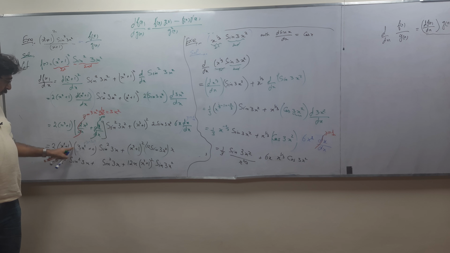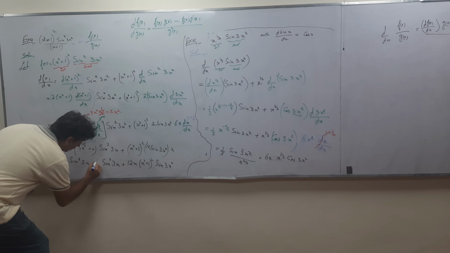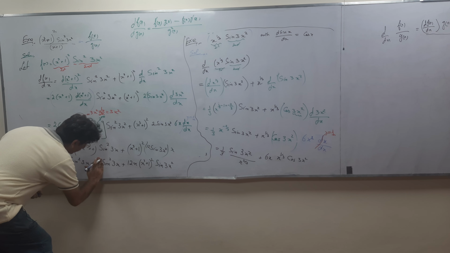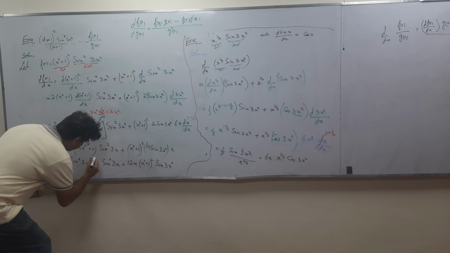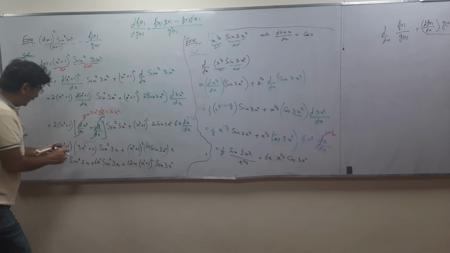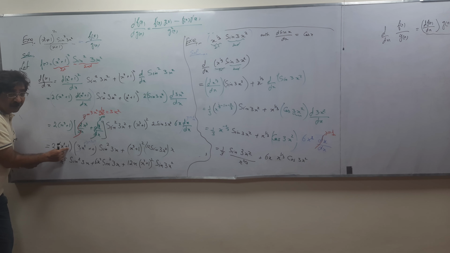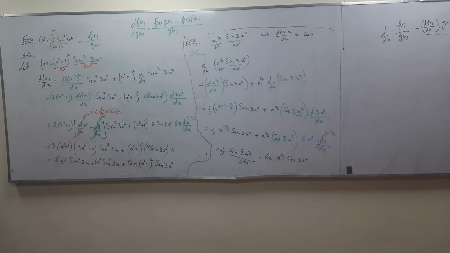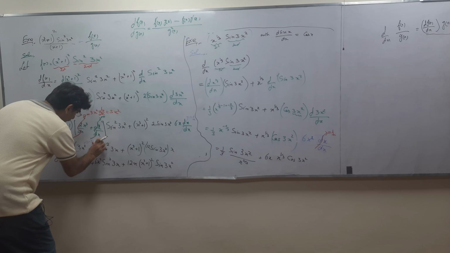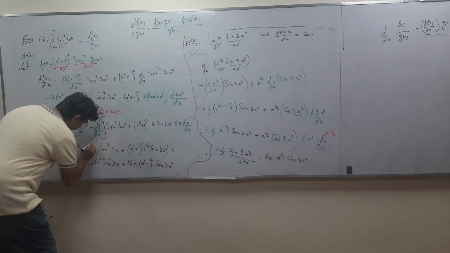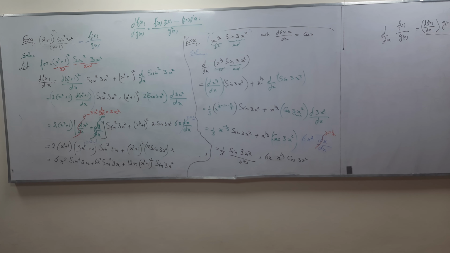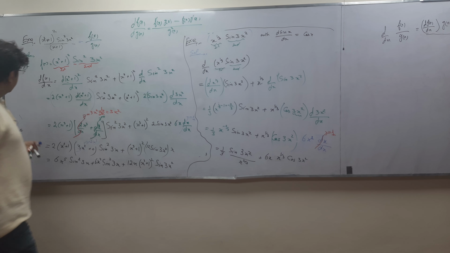When 2 is multiplied by this 6x square, because this is a 3x square, when it is multiplied, this will be 6x square. Okay, this will be 6x square sine square 3x. Okay, so this will be fx.